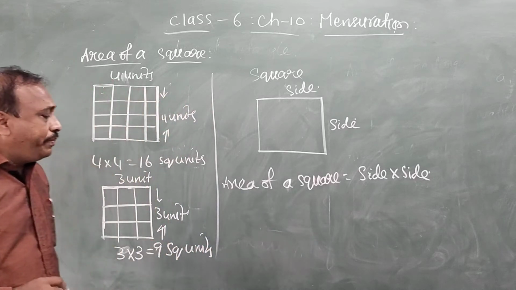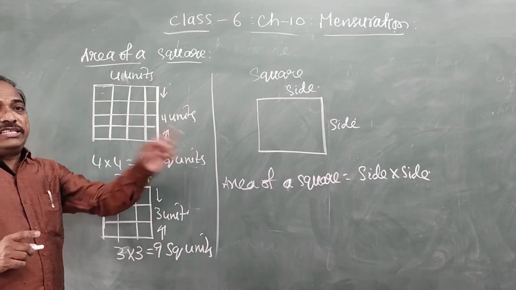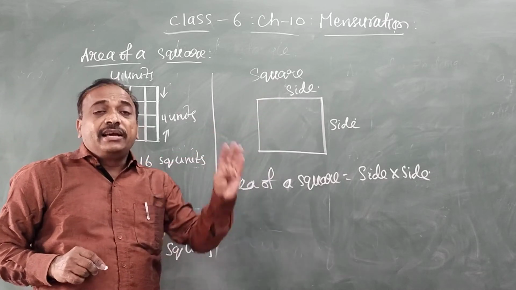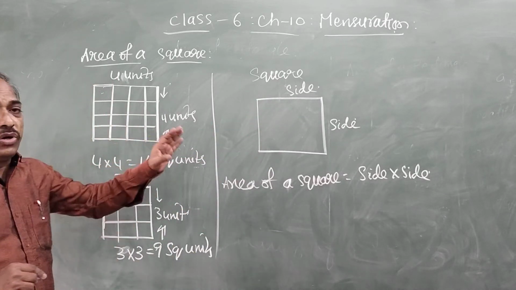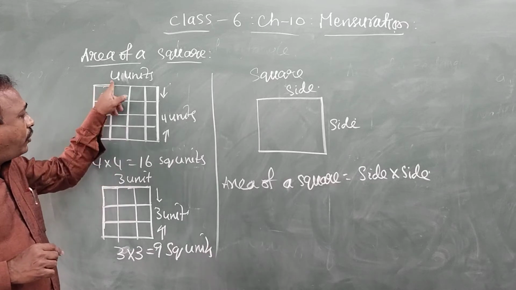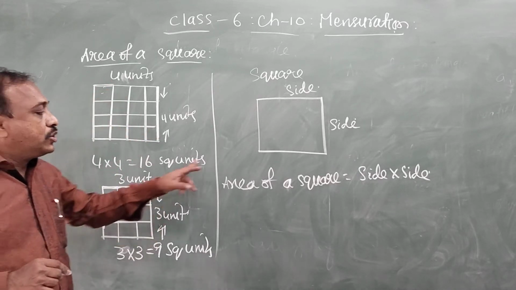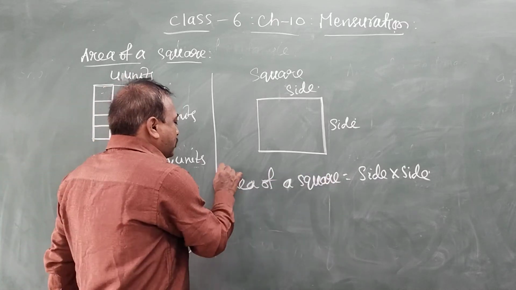So no need to give all 4 sides. If you know one side, that is applicable for all 4 sides, because a square has 4 equal sides. It's a closed figure, right? So here 4 into 4, this is a square. 3 into 3, this is a square. So area of a square is equal to side into side.